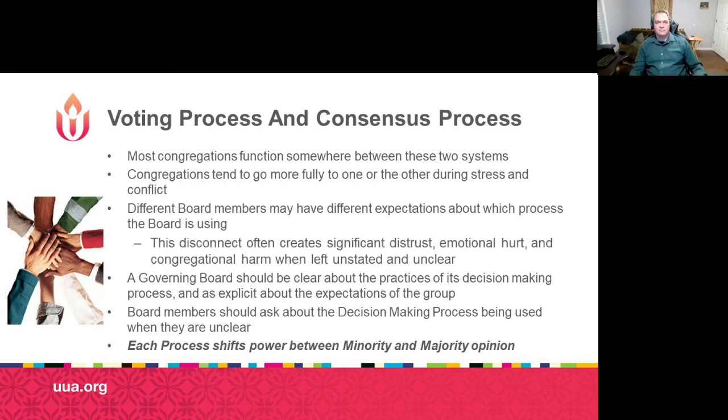Stay in that consensus process until such time as a decision has to be made, and then and only then move to the backup of an actual voting process. And board members should be empowered to ask which of these versions of decision-making process is being used when that's unclear.